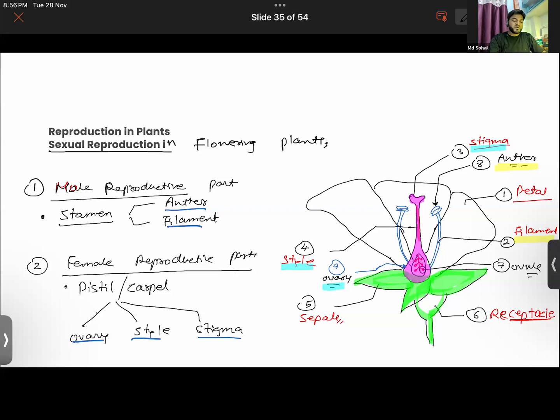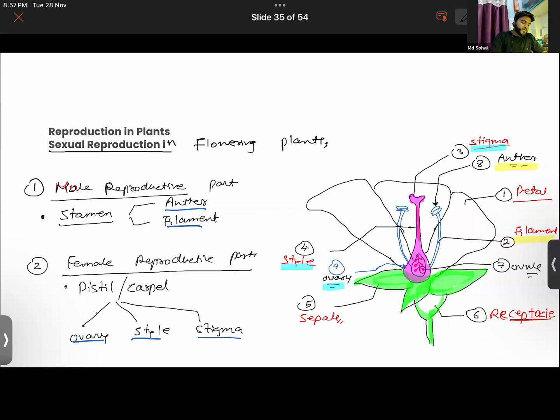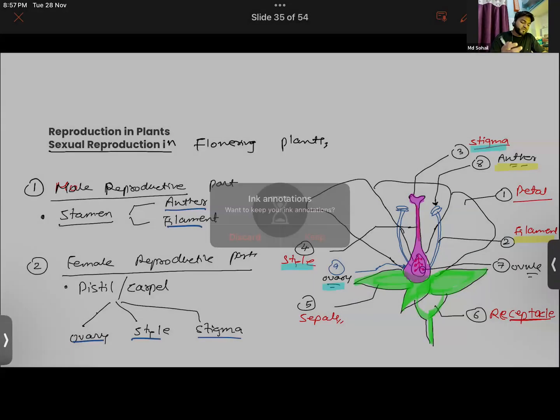Those flowers that contain either stamen or pistil are called unisexual. Uni means one. They have only one of the two reproductive organs, so they are called unisexual flowers.